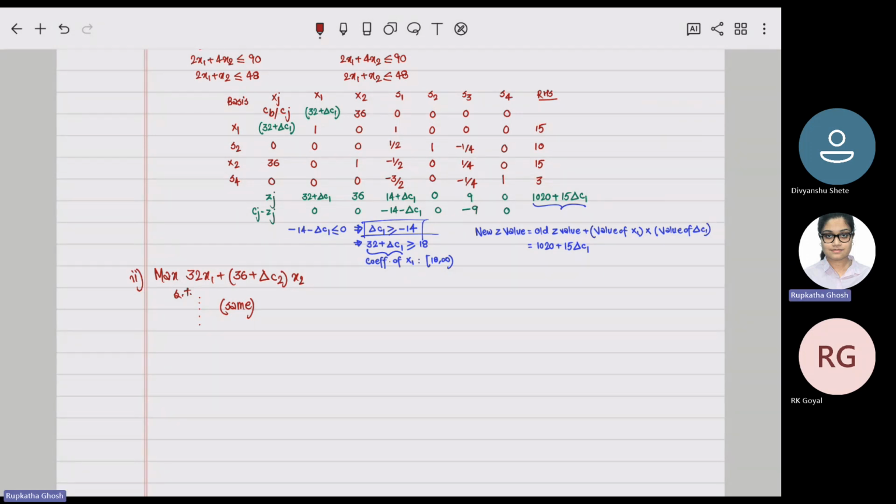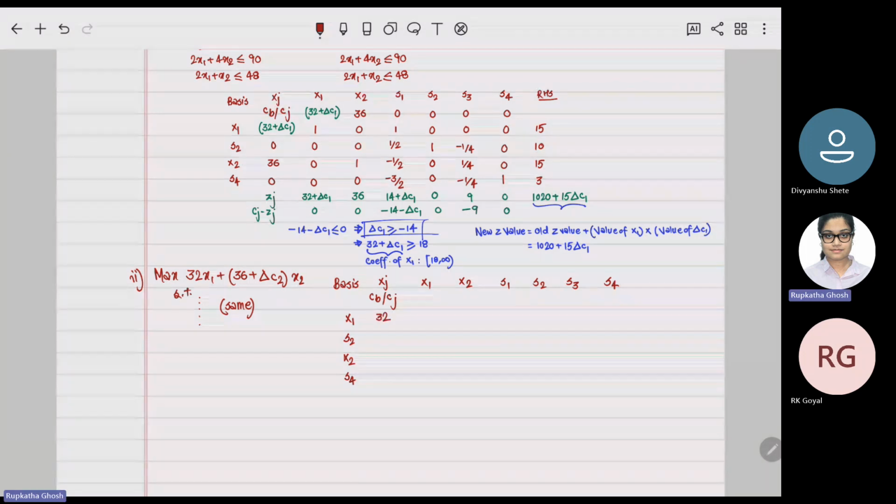So let's do it. After this, I will just take a small break of 5 minutes and then we'll come back. So I do basis, Xj, Cb by Cj, X1, X2, S1, S2, S3, S4. And here you have X1. Now your X1 is untouched, 32.